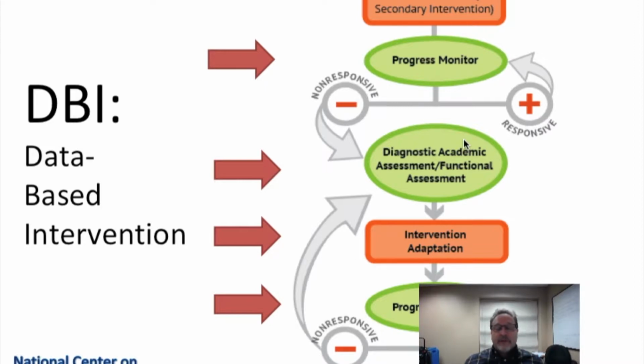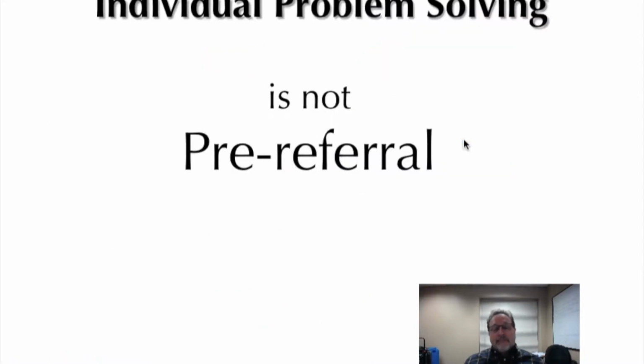And that really is the fundamental core concept being applied here, both for academics and for behavior. So the purpose of individual problem solving is not pre-referral. I think that oftentimes we find that school personnel and teams, when they're new to an RTI process, when they're new to a multi-tiered system of support process, think that this methodology is another way of working towards referral ultimately for special education services.